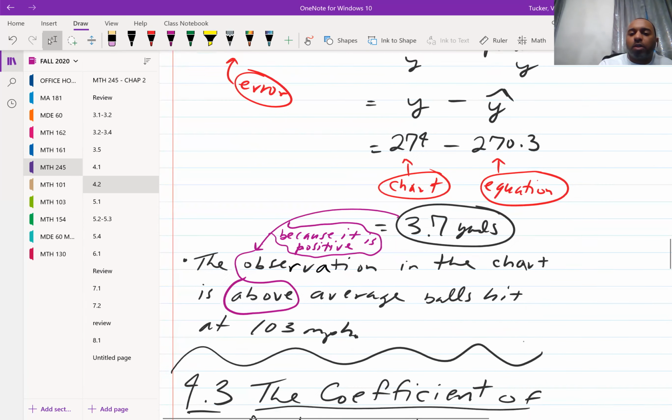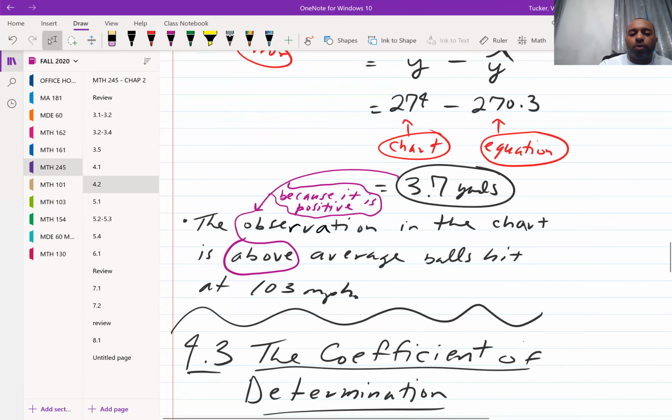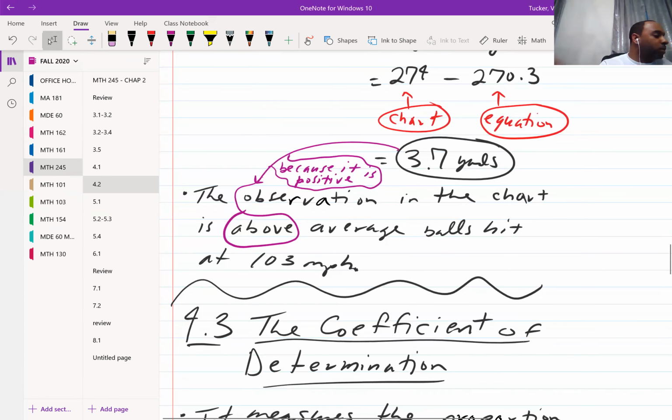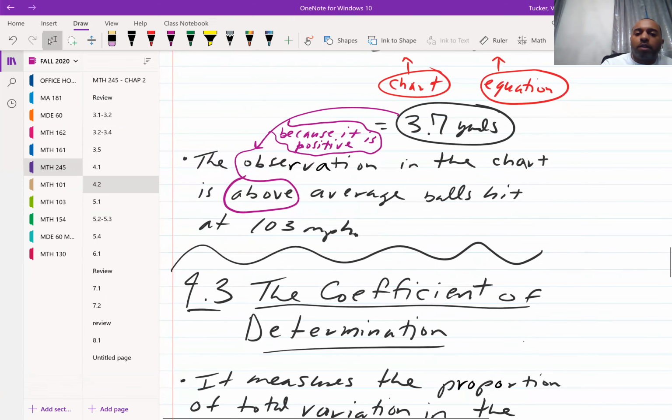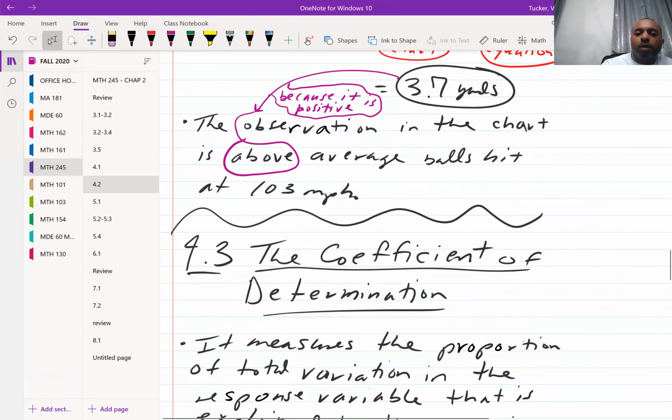All right. So 4.3 is short. So we'll knock that out and then we'll talk about how we're going to move as far as next class is concerned. I'll make sure everybody's written everything you need. Everybody okay?